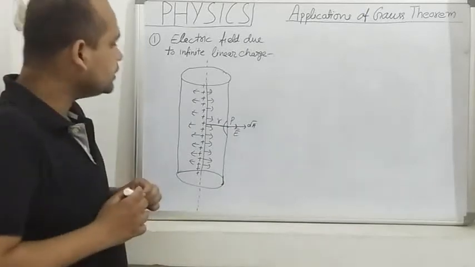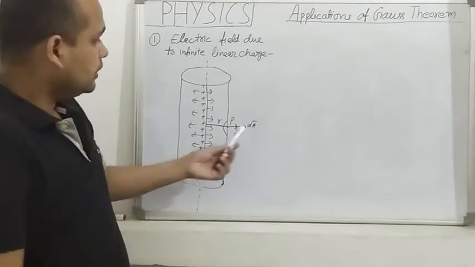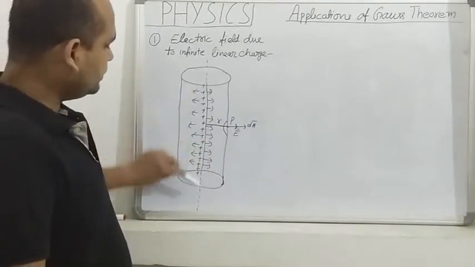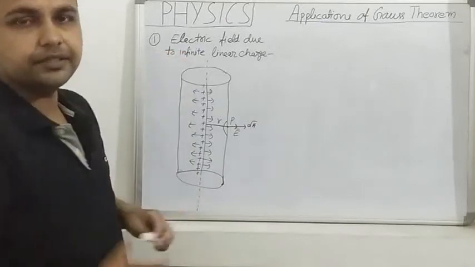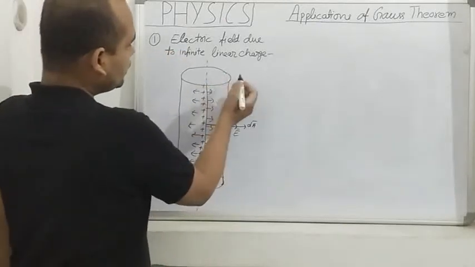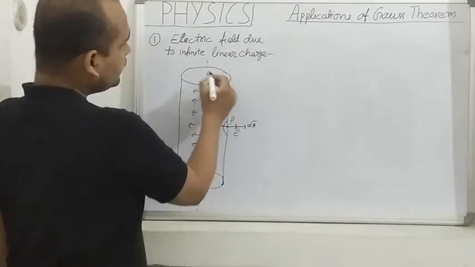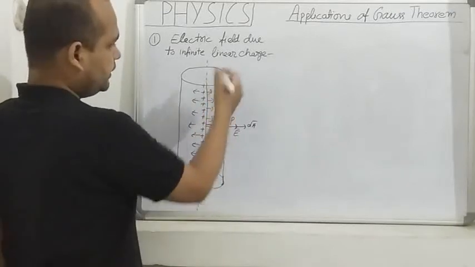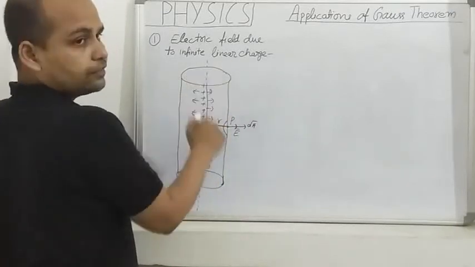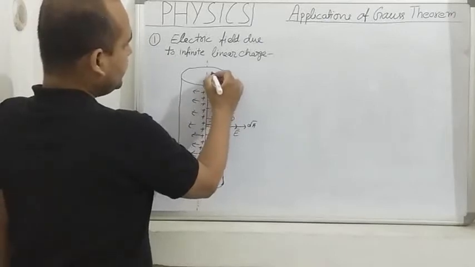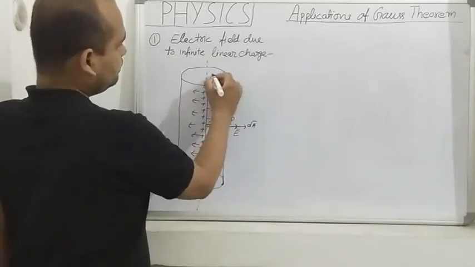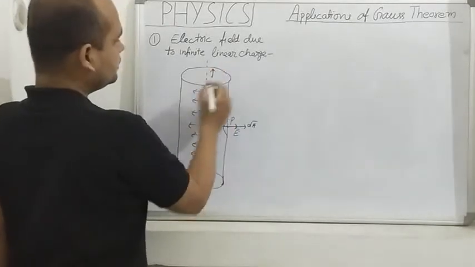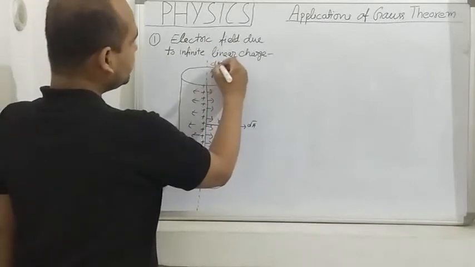Now let us talk about the angle between the area vector and the electric field at the plane faces of this cylinder. At the plane faces at the ends of the cylinder, the area vector will be normally outward. So this is your area vector.